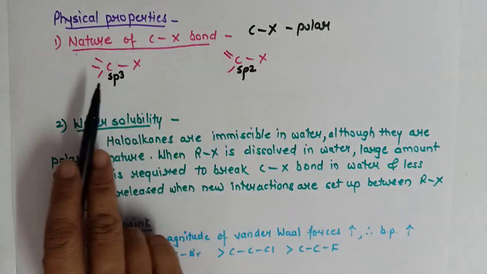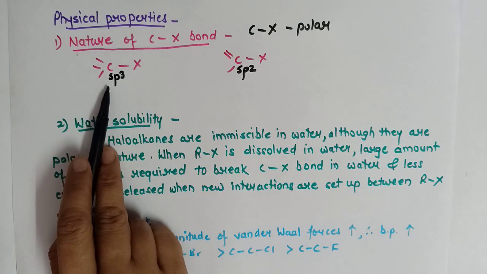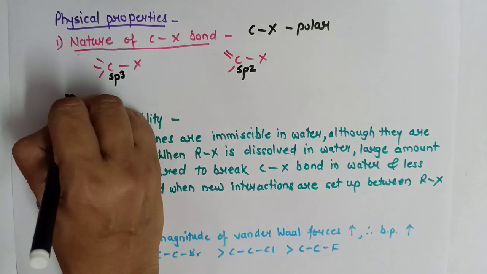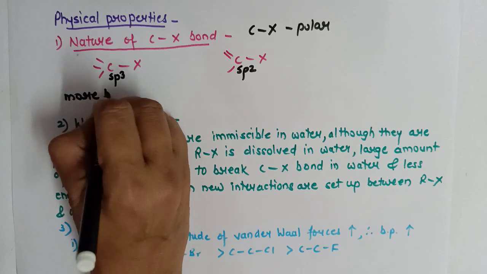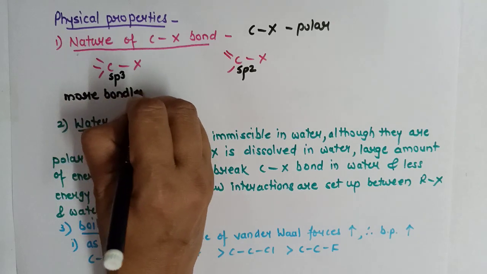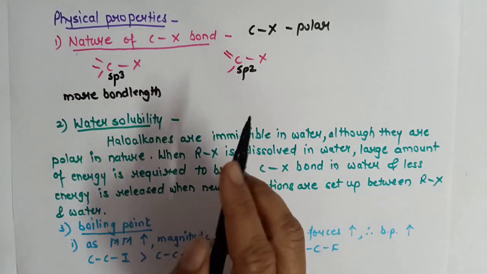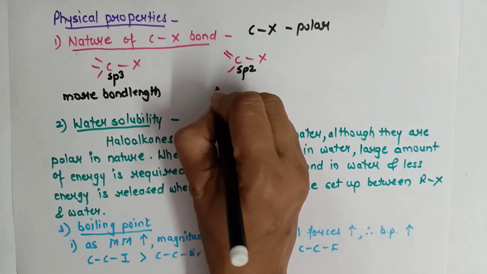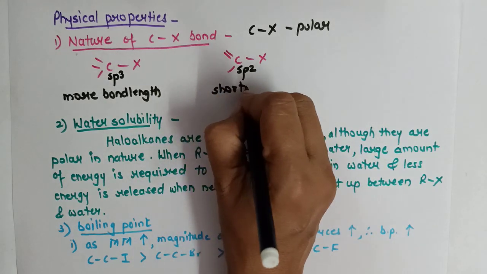Okay. Now when halogen is attached to an sp3 hybridized carbon atom, comparatively it will have more bond length. And when halogen is attached to an sp2 hybridized carbon atom, it comparatively has shorter bond length.